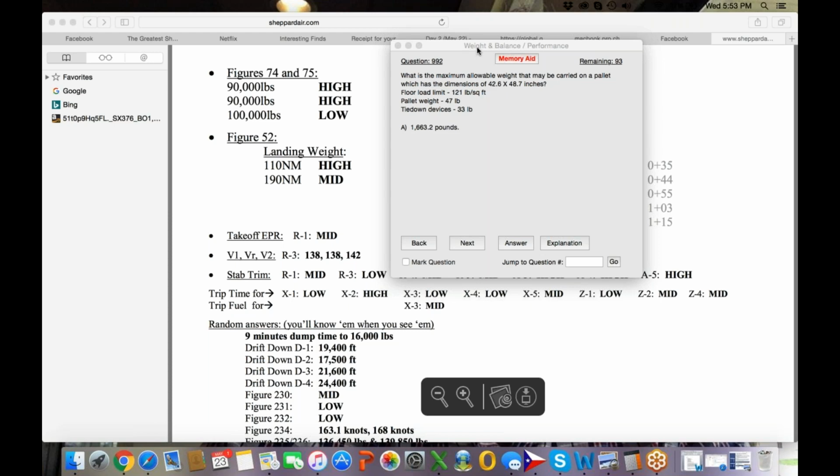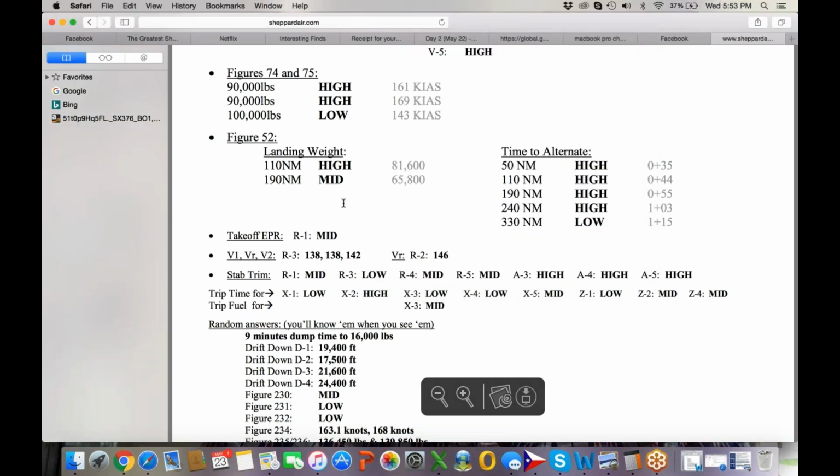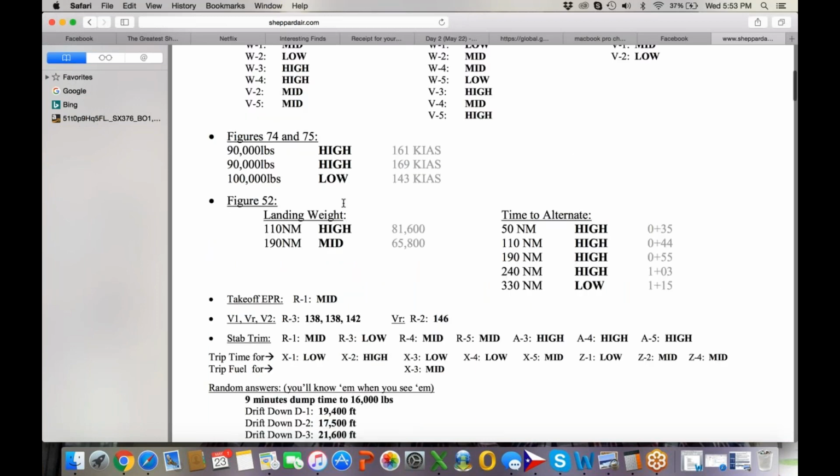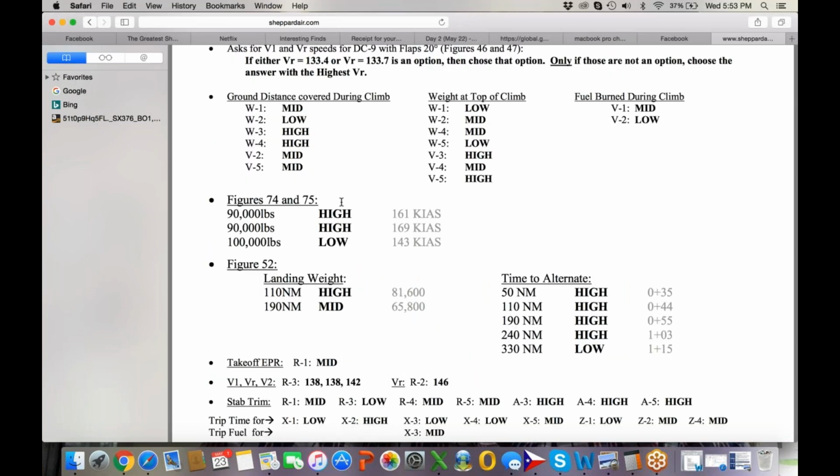So if we go down to weight and balance performance here, let's see.